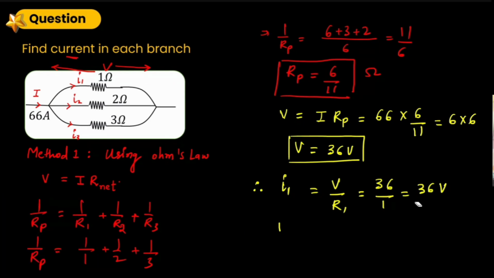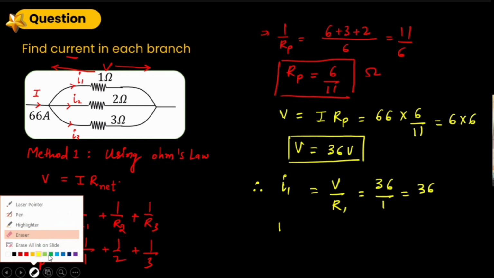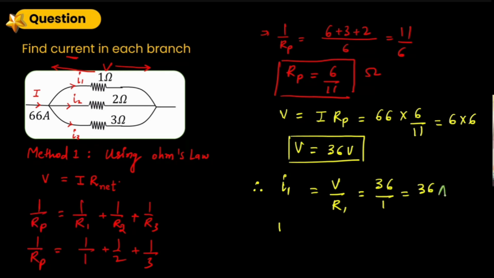I2 is V over R2, which is 36 by 2, that is 18. And then I3 is V over R3, so 36 over 3, so 12.